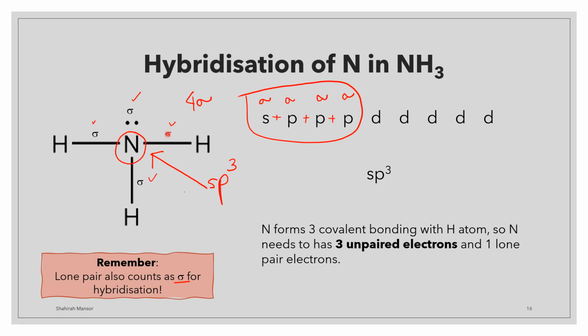So di sini ada berapa banyak elektron yang perlu ada di dalam orbital. Untuk nitrogen, we must have as much as 2 tambah 1 tambah 1 tambah 1. So 5 elektron. Okay, 5 elektron itu merujuk kepada 3 single electron dan satu lagi lone pair, which is yang berpasangan.